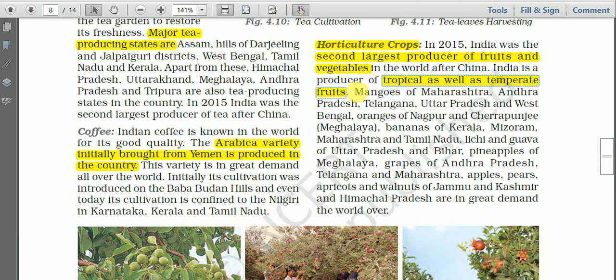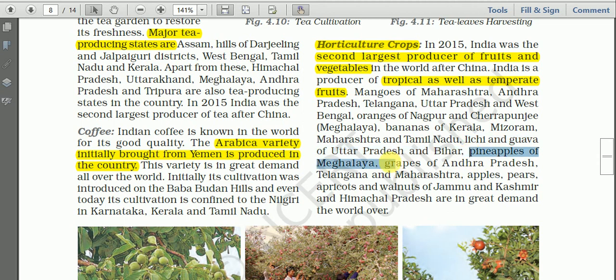For example, mangoes of Maharashtra, Andhra Pradesh, Telangana, Uttar Pradesh, West Bengal. Then oranges of Nagpur, Cherrapunji in Meghalaya. Then bananas of Kerala, Mizoram, Maharashtra and Tamil Nadu. Then lychee and guava of Uttar Pradesh and Bihar.